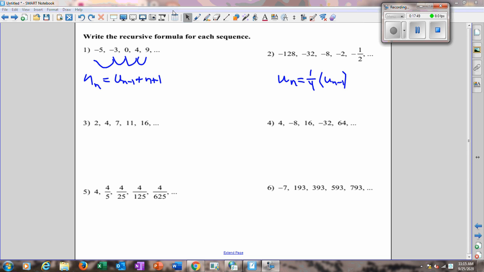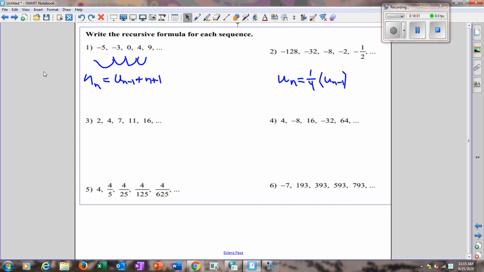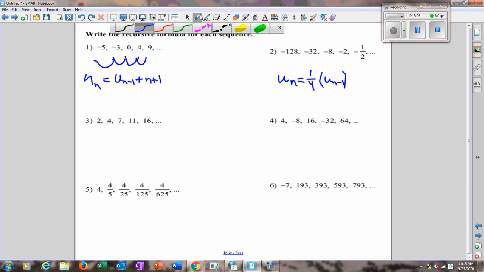For the next one, it goes up by 2, up by 3, up by 4, up by 5. So this is kind of real similar to the first one, because we have u sub n equals u sub n minus 1 plus, and now here it goes up by 2, up by 3, up by 4, up by 5.